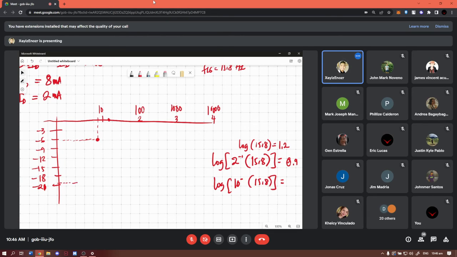It is 0.2. So let's say it is here. Plot it at the negative 20 dB point.